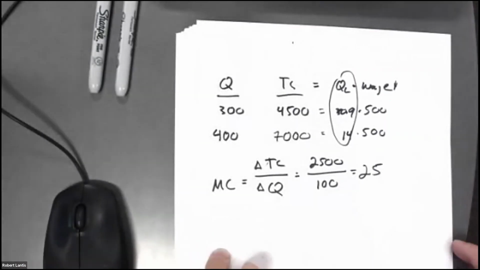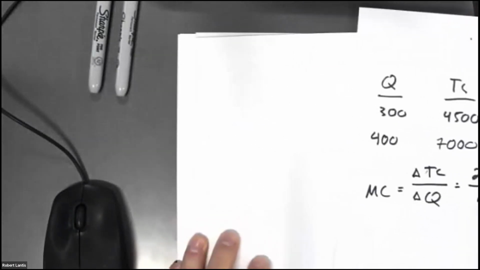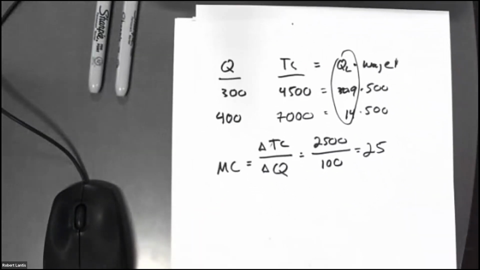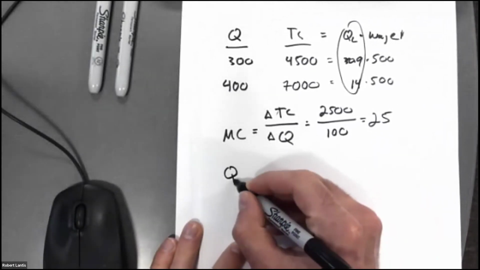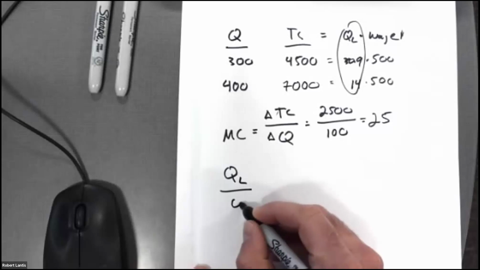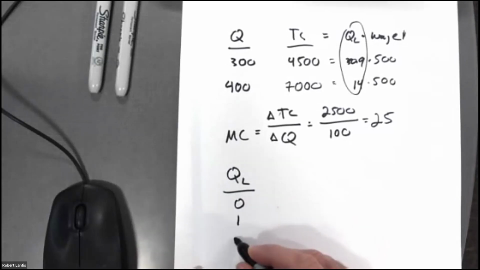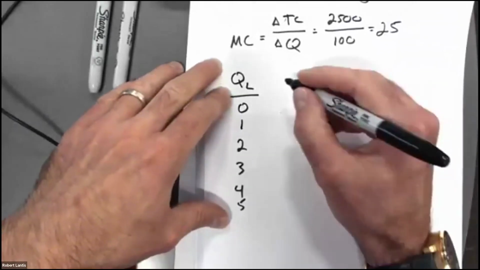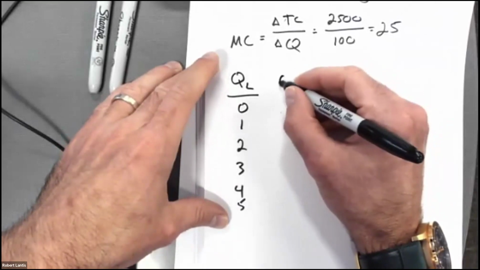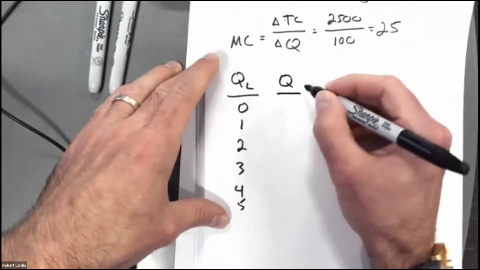So I kind of already related this here. But if you can think about, we could put this all on the same kind of graph. So I could have my quantity of labor, and in this example, going 0, 1, 2, 3, 4, 5. We could then find the corresponding quantity of the output or the product.